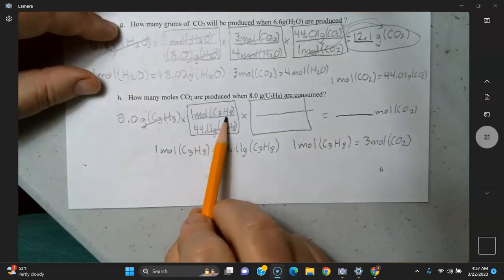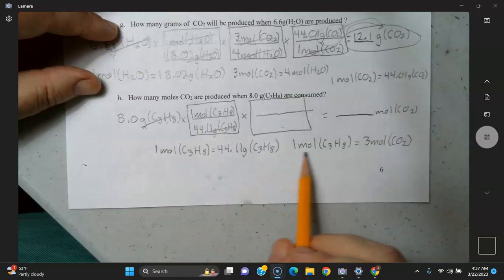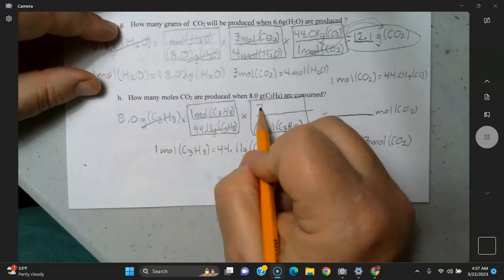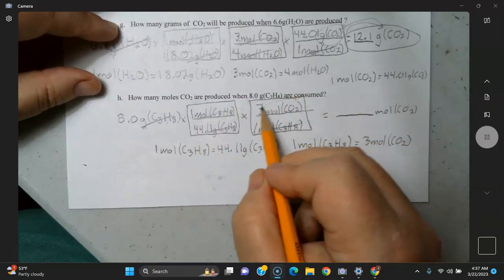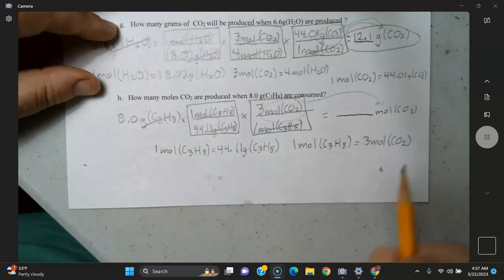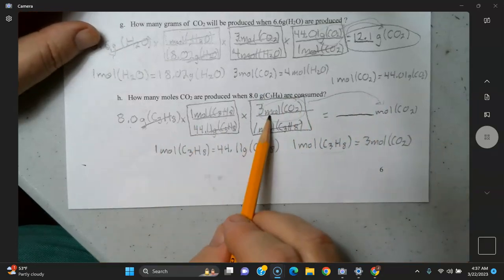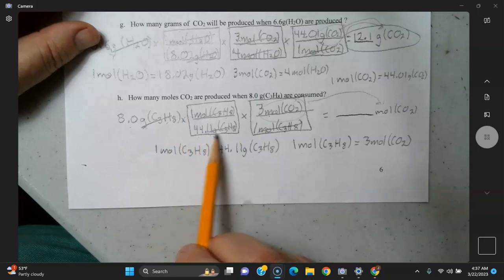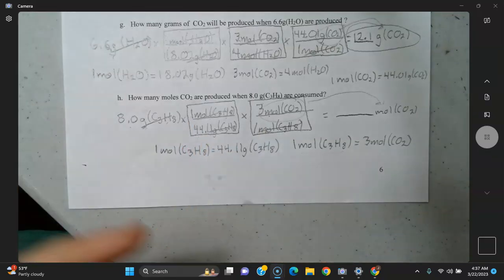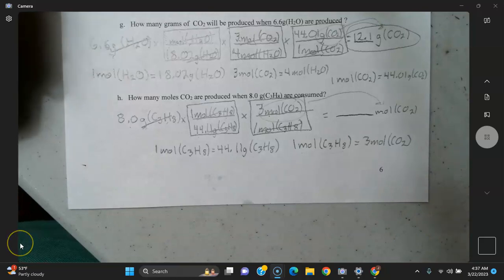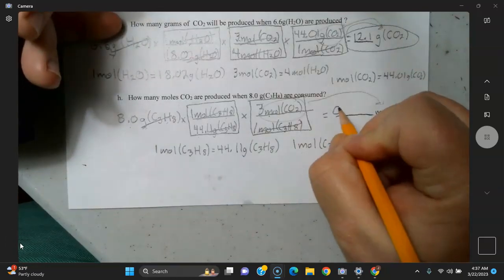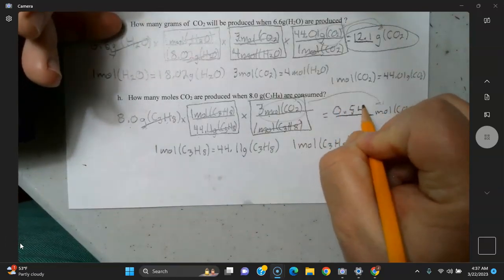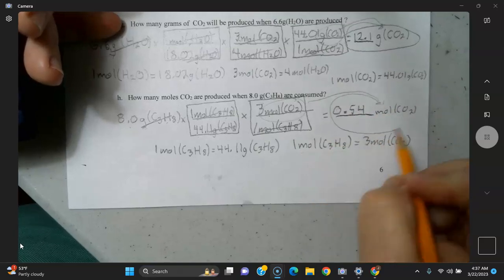Okay, we got moles of C3H8 on the top, so it has to be on the bottom. That's this one. Cancels with that. Last man standing is moles of CO2. So it's 8 times 3 divided by times 1 divided by 44.11 divided by 1. And we end up with 0.54 moles of CO2.